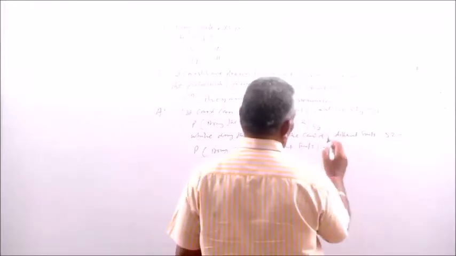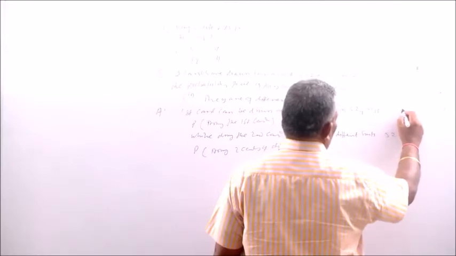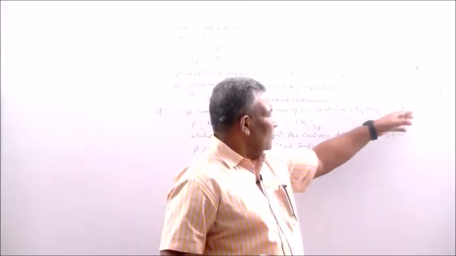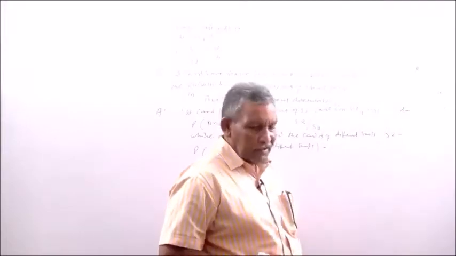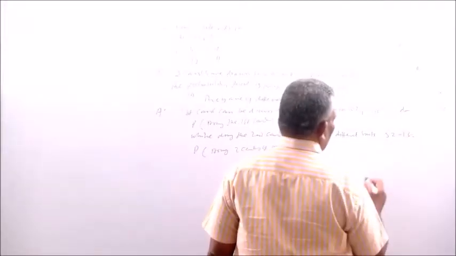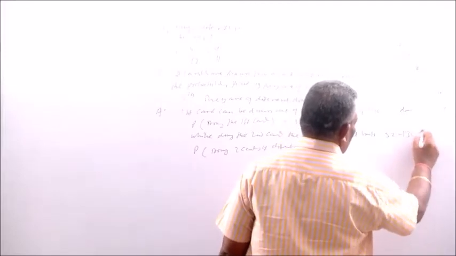Different suits means suppose you have drawn a diamond. That means you cannot draw a diamond card. Therefore, you have 52 minus 13, that is 39 cards.